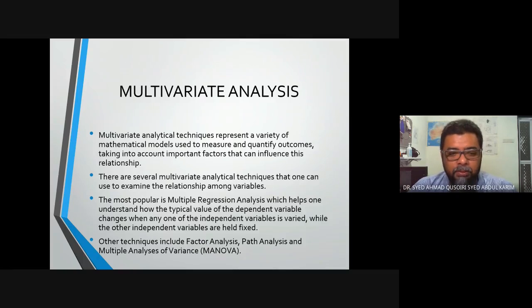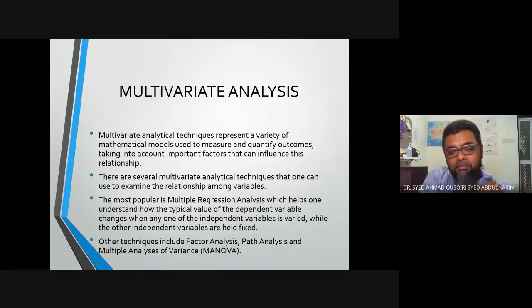So there are several multivariate statistical techniques that one can use to examine the relationship among variables. The most popular is multiple regression analysis, which helps one understand how the typical value of the dependent variable changes when any one of the independent variables is varied while the other independent variables are held fixed. Other techniques include factor analysis, path analysis, and multivariate analysis of variance, or MANOVA.